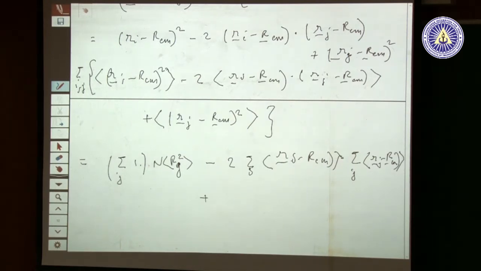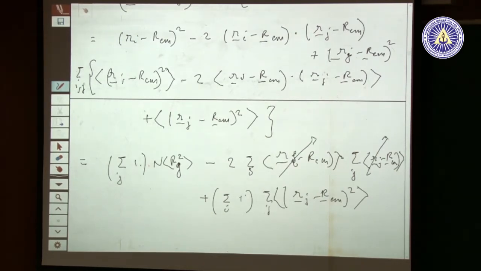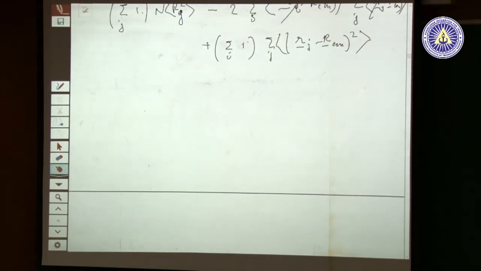Plus, and you will see that if I take the sum for the last term, only j is there. So, it is sigma i of 1 and sigma j Rj minus Rcm the whole squared average, right. Now, average of Ri is 0, average of Rj is 0, because the bonds are randomly oriented. And this one is identical to Rg squared, right, the definition. So, this is also n times Rg squared.